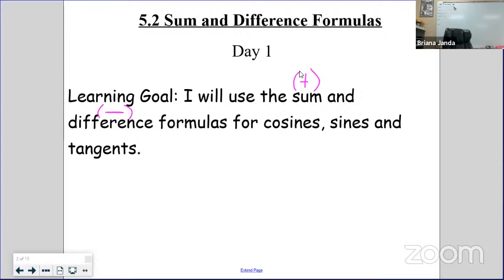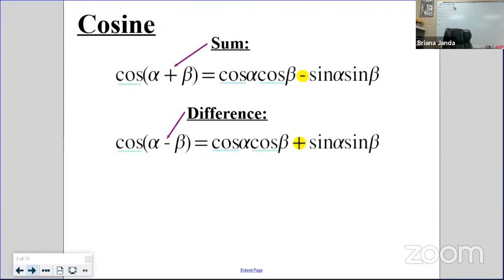Okay, so let's go to your identity sheet. What you are looking at is what is called your cosine sum and difference formula. It's called sum or difference based off of, in the one where there's 2 angles inside the parentheses, whether it's a plus or a minus between them.